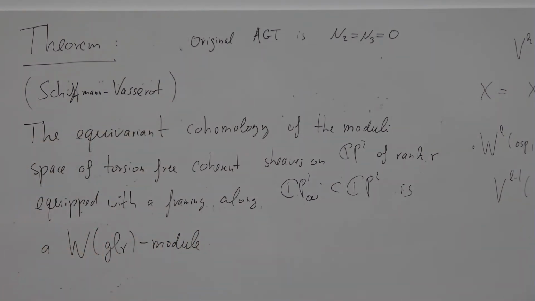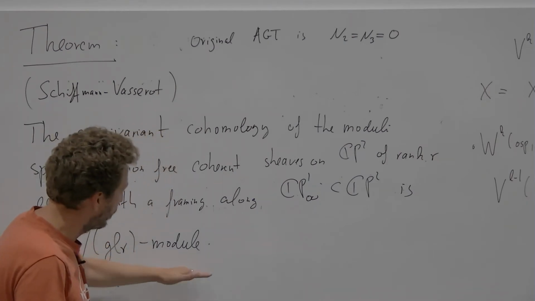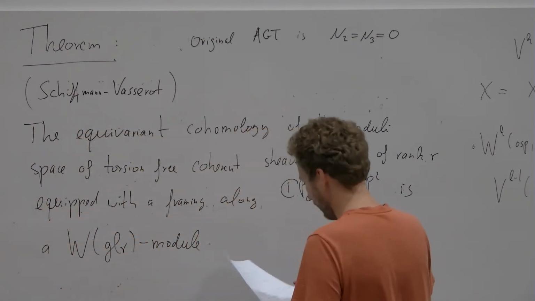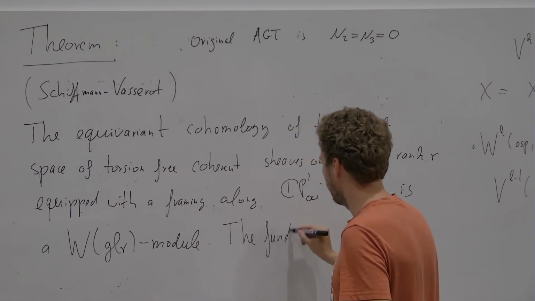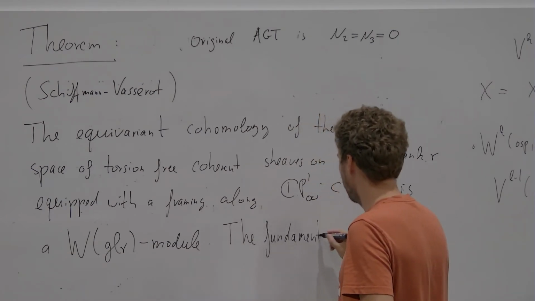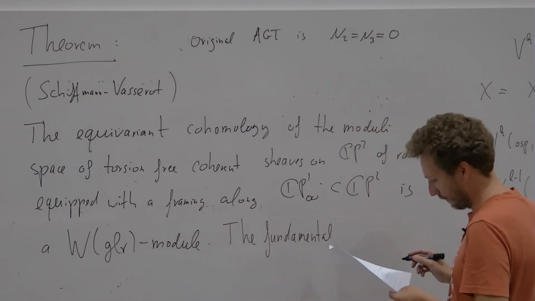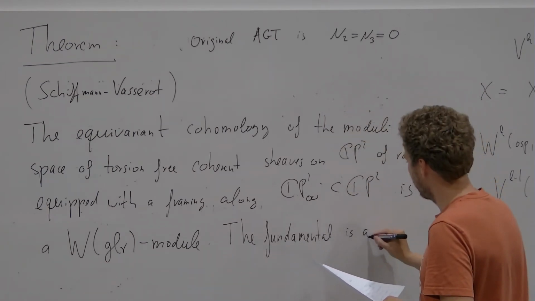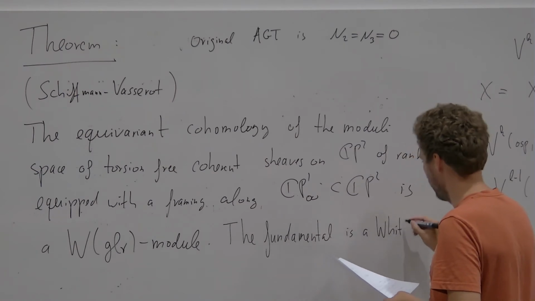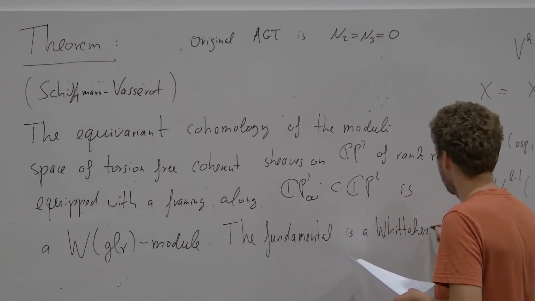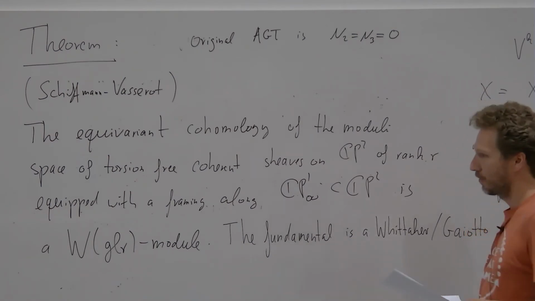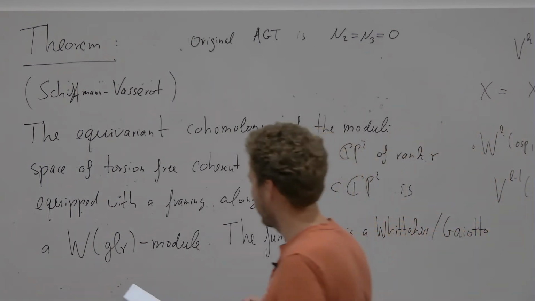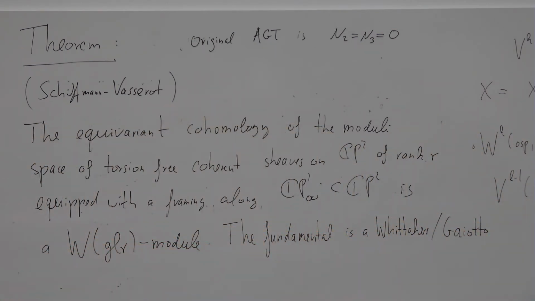That is promising to show further, but now you want this action to be meaningful. So now it becomes, I think, most important. So the next statement here is the fundamental class of this cohomology is a Whittaker vector, and let me write Whittaker/Gaiotto vector, because Gaiotto deserves so much credit that he should be mentioned here.